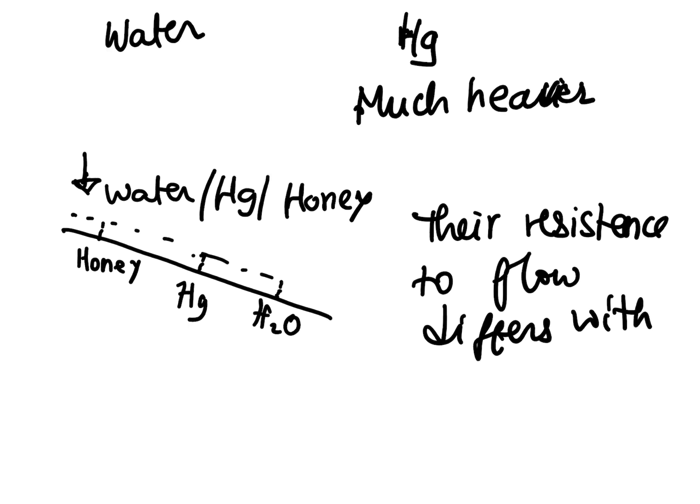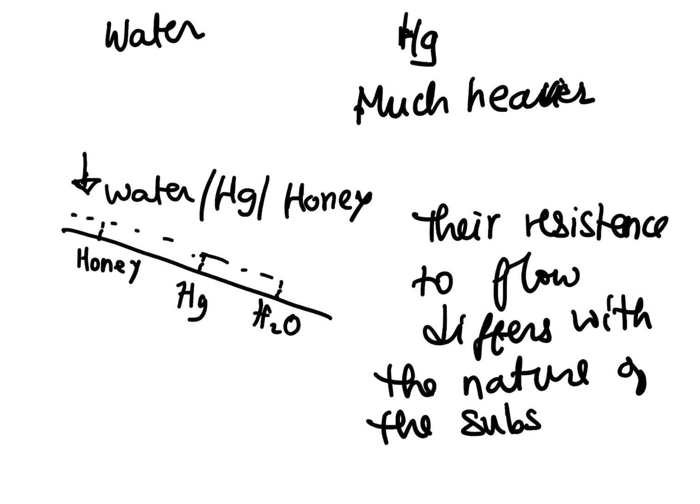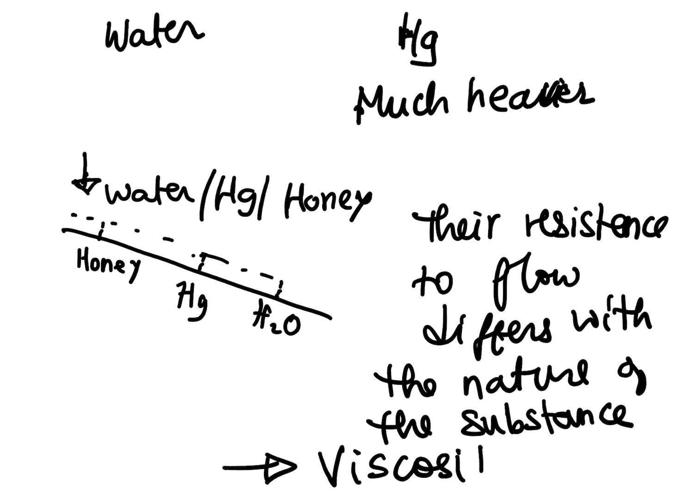differs with the nature of the substance, and this property or this resistance to flow is called viscosity. You say that oil is more viscous than water, or water is less viscous than oil.